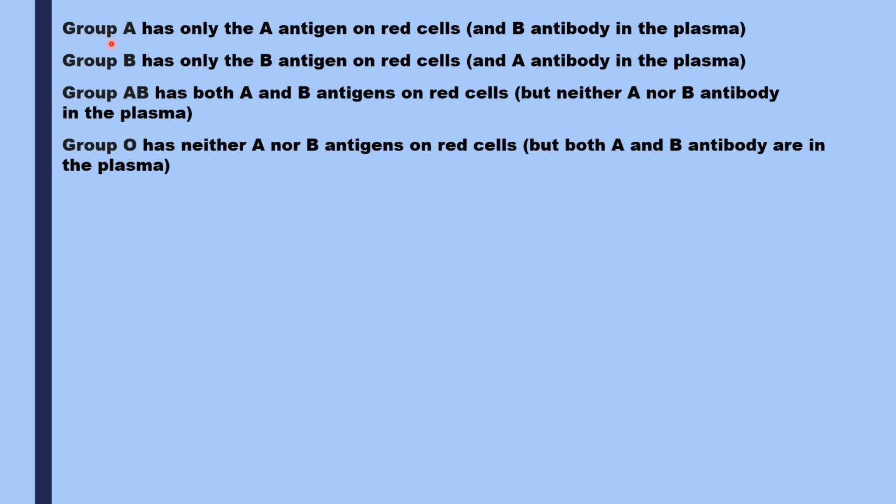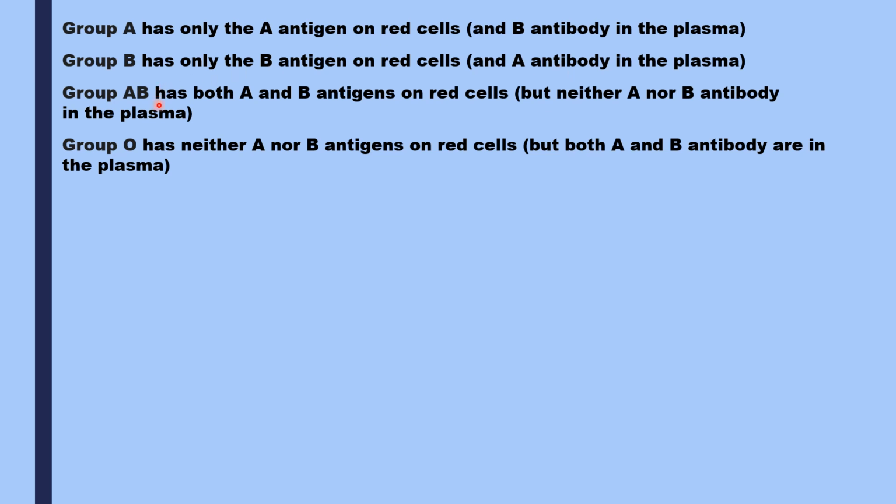The person who has blood group A has an antigen called A present on the red cell and antibody B in the plasma region. A person with blood group B has antigen B on the red blood cell but antibody A in the plasma.